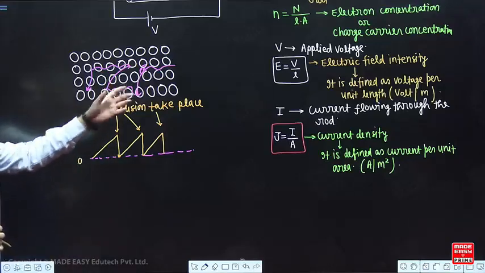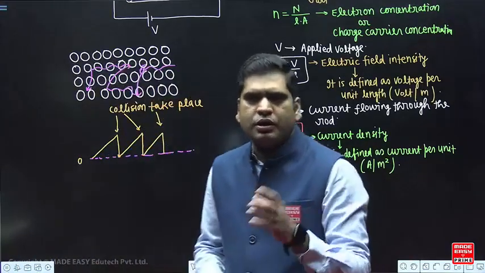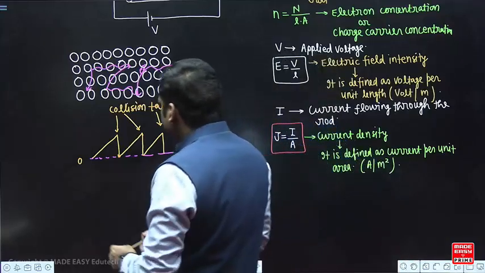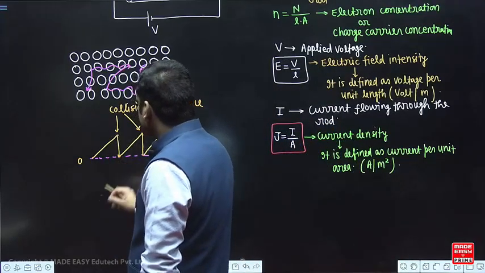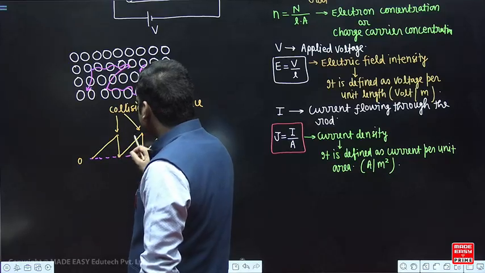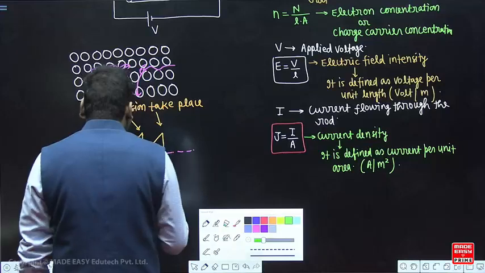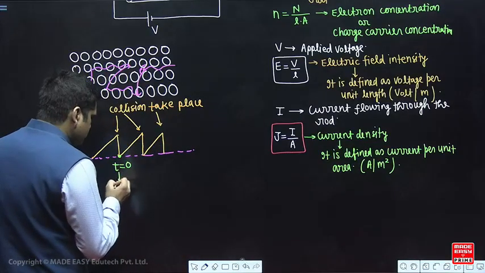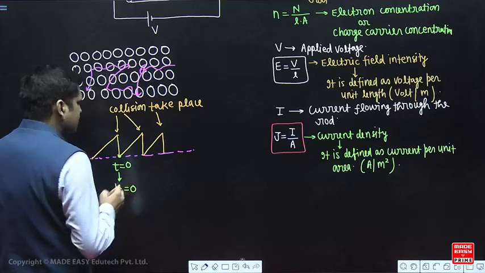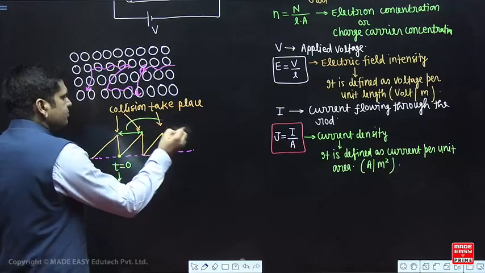So you see, electron cannot continuously accelerate under the electric field. Instead it starts accelerating from this point and goes up to this point. Again comes to rest, starts accelerating and goes to this point. If I take this point as t equal to 0, here the velocity of electron is 0. Then this time is the time between two collisions.